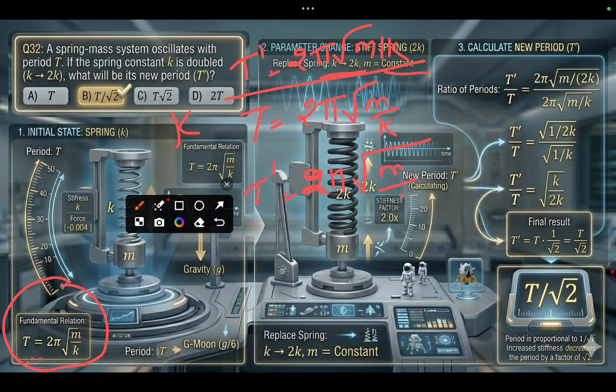So k will be 2k. Now see, upon simplification, what you will get? T dash equal to T of 1 by root 2. Clear? So T dash equal to T by root 2.